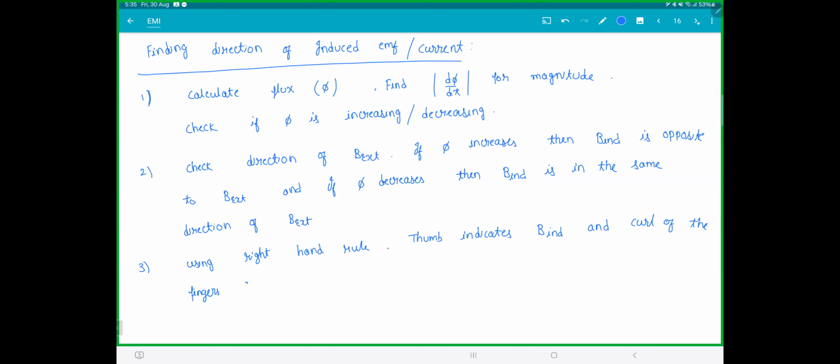Curl of the fingers gives current or EMF. Clear? These are the steps. All clear with the steps?